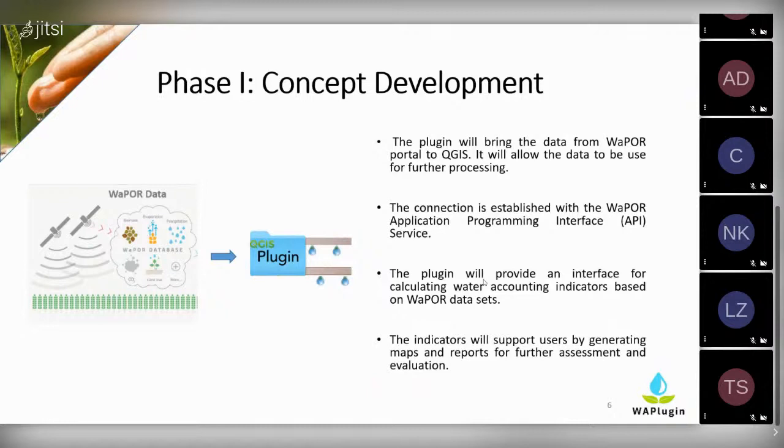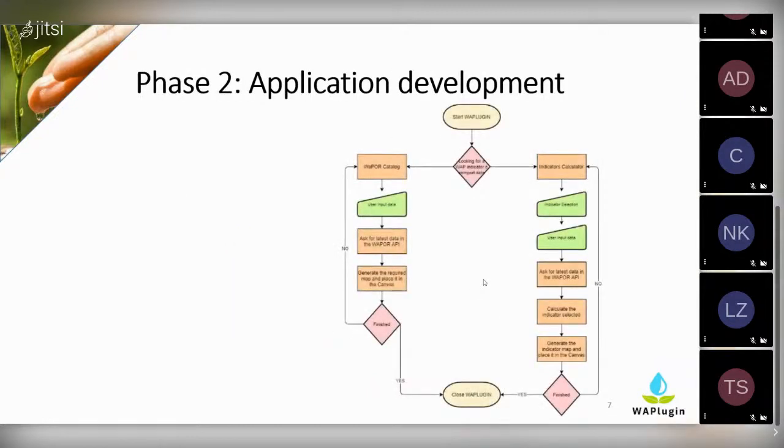So we presented our idea and the juries liked it, and we made it to the second phase, in which we worked on the application development. As you can see in the image, this is the workflow of the plugin. The plugin has two main features, the WaPOR catalog and the indicators calculator.